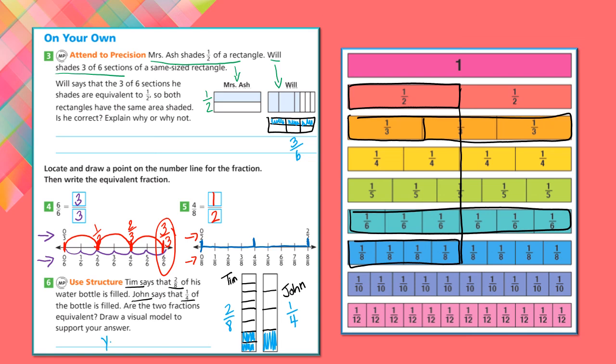So yes, they are equivalent. Okay, we can also take a look at our fraction strips and look for 2/8 and 1/4, and you will see that they are in fact the same amount of space or the same size.